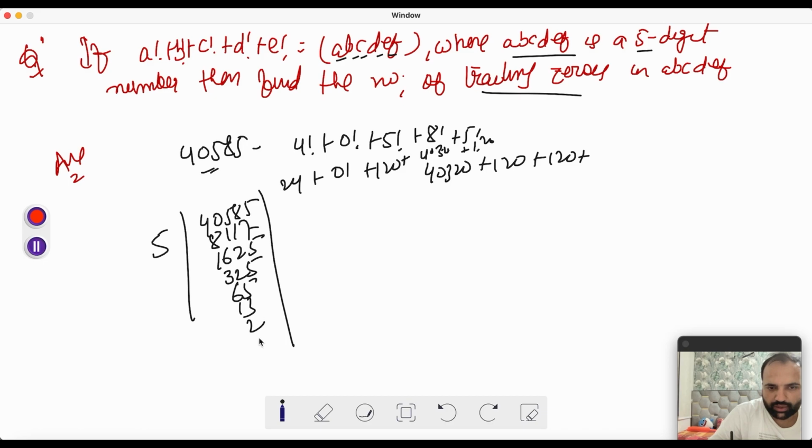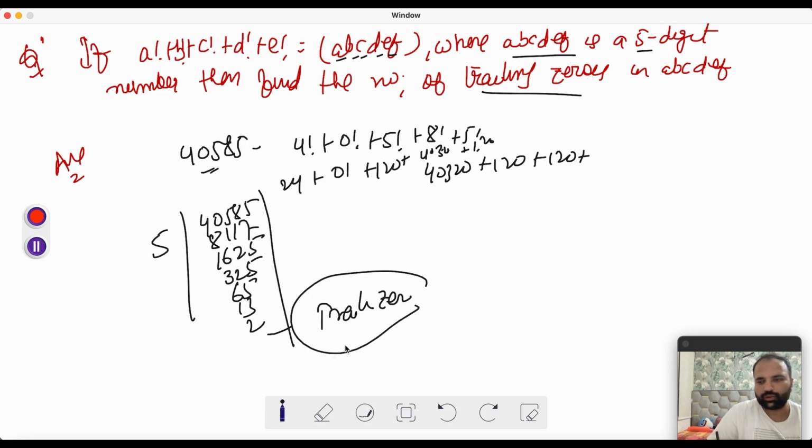So if you add it all, you will get the trailing zeros. Add it, don't skip it, okay? I don't need to add, but you can add it, and don't use a calculator. Try to do it on your own, okay? So this is one question. So that's how it is. You can understand this concept.